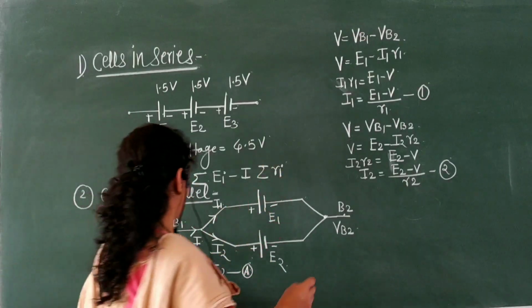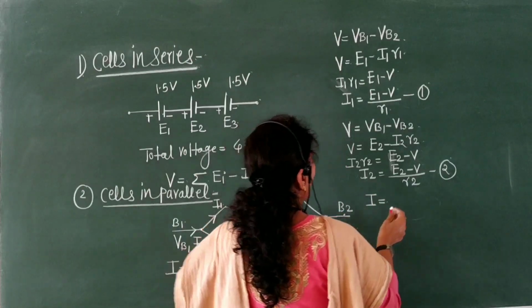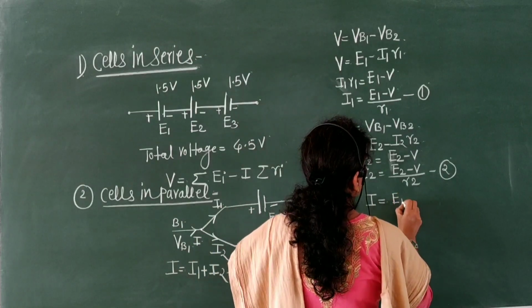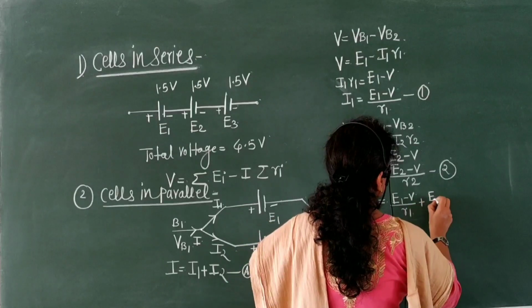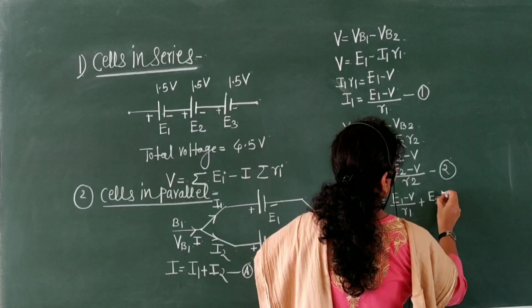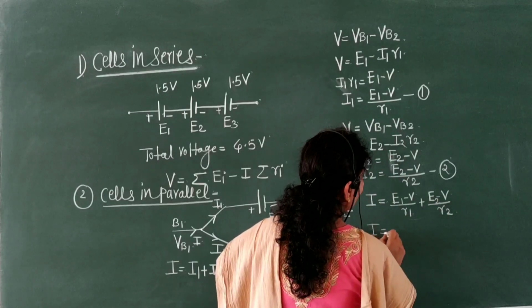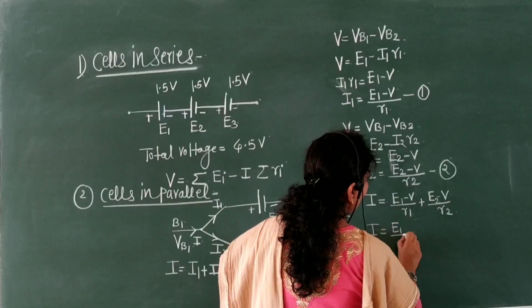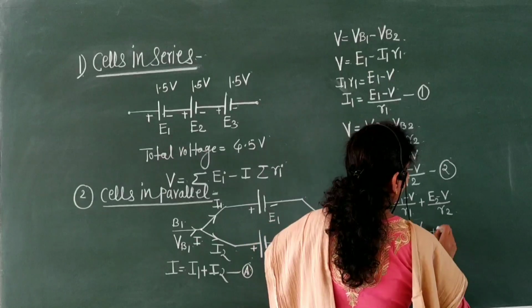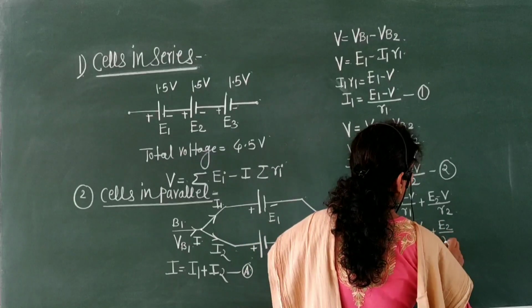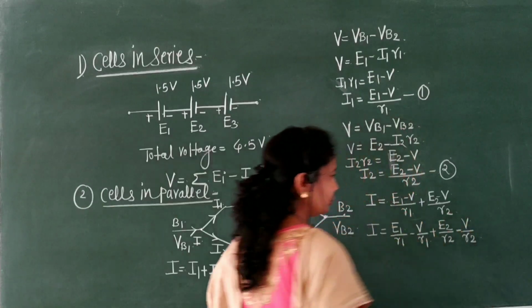Put this substitution, then we get the total current I is equal to I1, E1 minus V upon R1, plus E2 minus V upon R2. Therefore, I is equal to E1 upon R1 minus V upon R1 plus E2 upon R2 minus V upon R2.